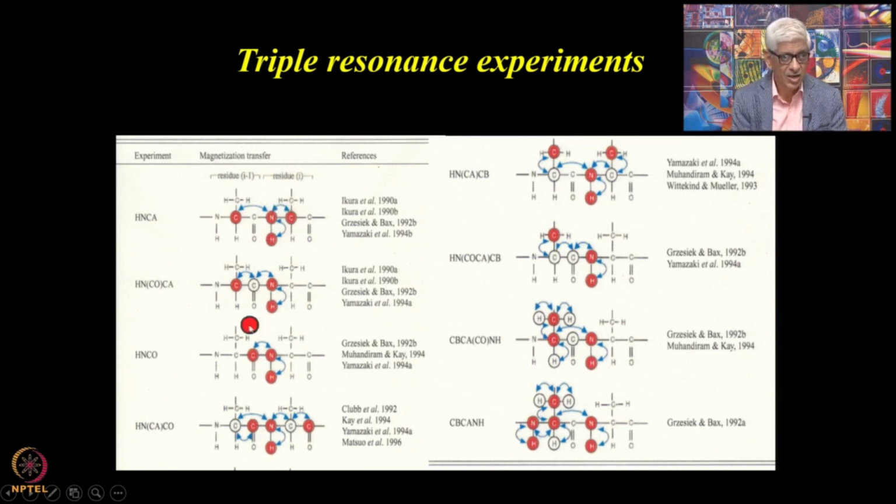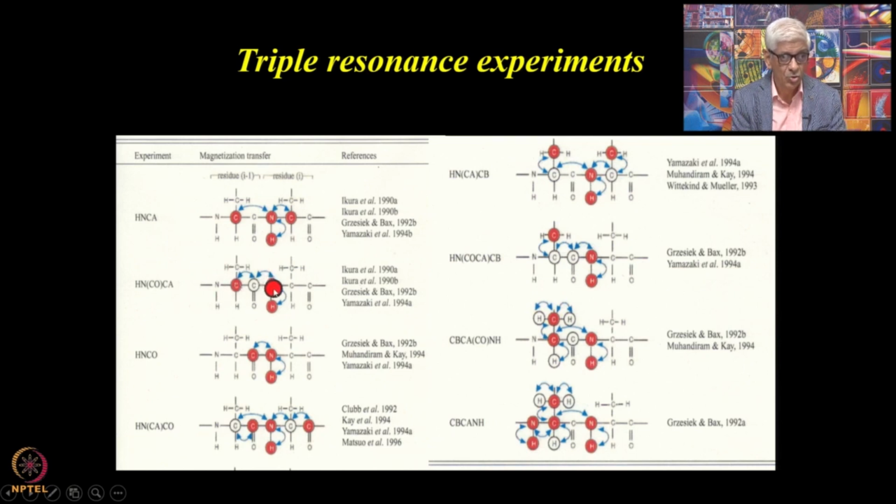Now the next experiment here is the HN(CO)CA. There are so many different kinds of experiments here, and the nuclei marked red are the ones where you have the frequencies labeled. Okay. So in this case you have the proton, the nitrogen and this C alpha.